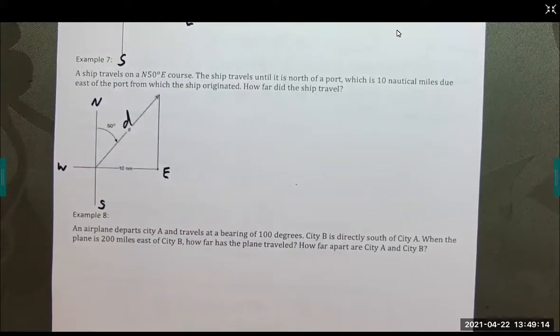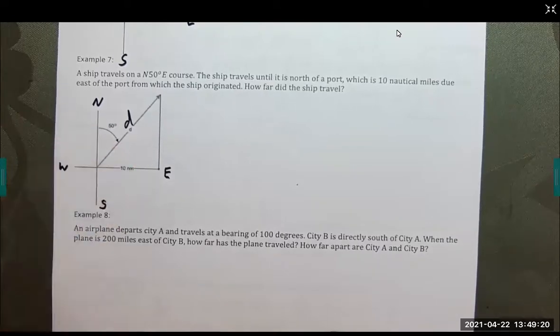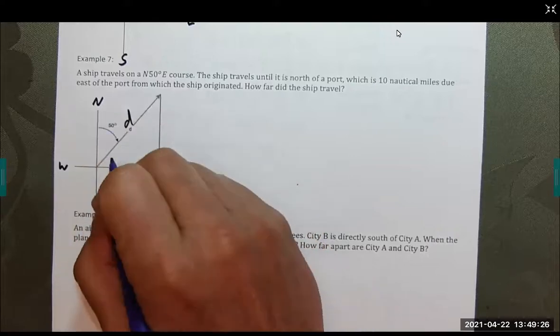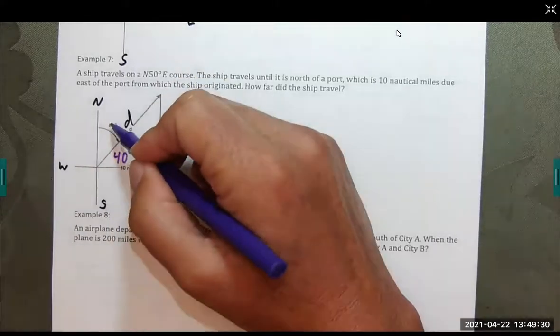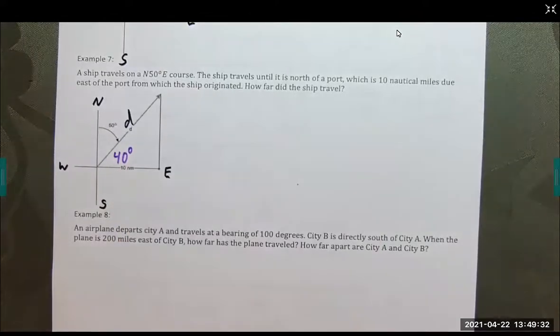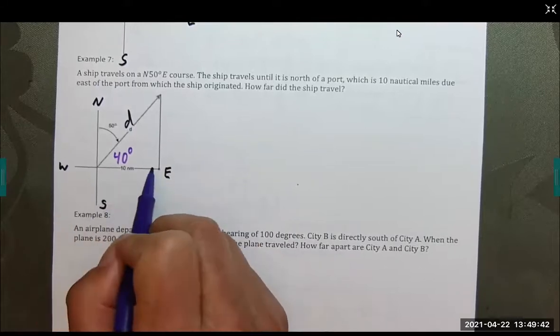Now, I'm going to notice that if this angle here is 50 degrees and all the way down is 90 degrees, because these angles are complementary angles, that means this has to be 40 degrees. Because 50 plus 40 makes 90. I'm going to also notice that the connection between these two, D and the 10 nautical miles, is the adjacent and the hypotenuse.